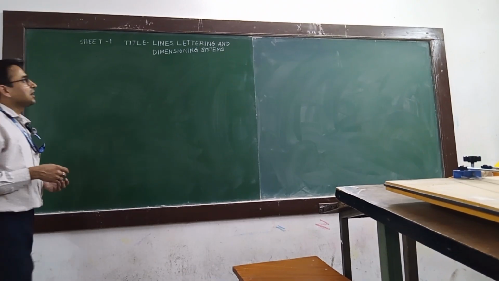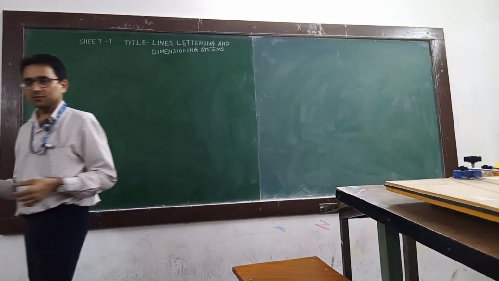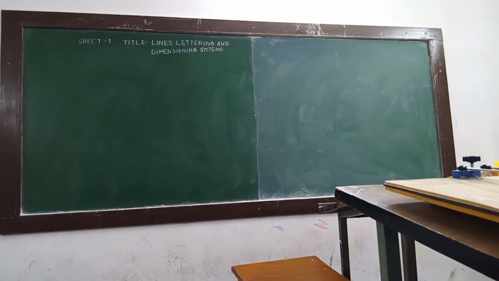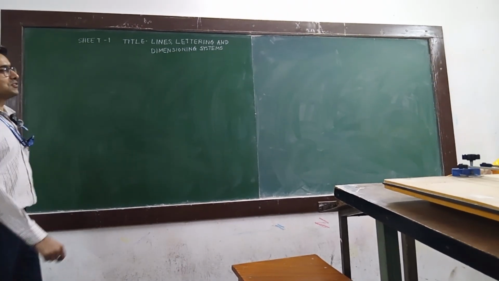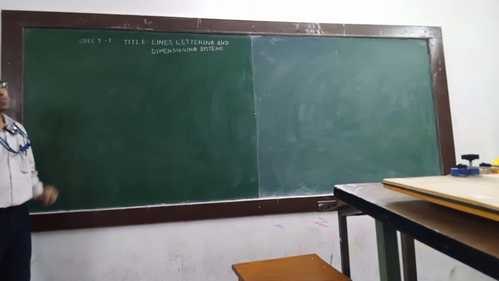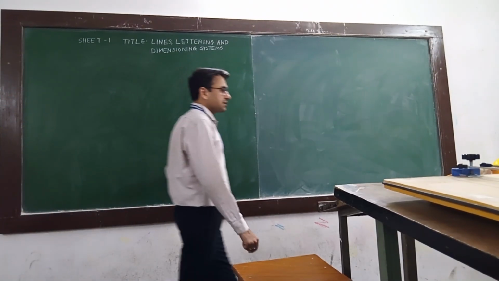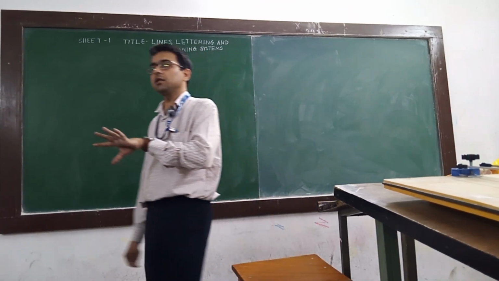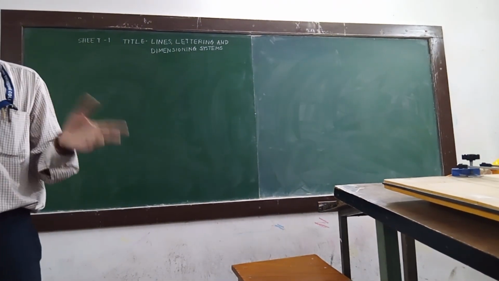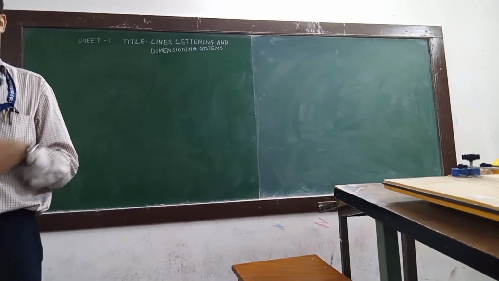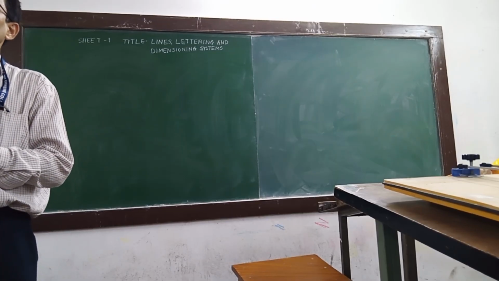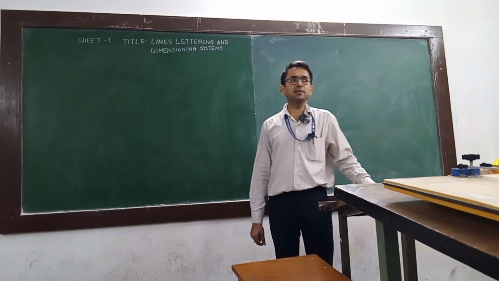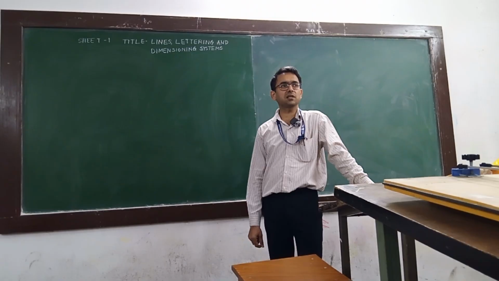Therefore this mode of communication, like any other communication, has some grammar and some vocabulary. So it's a language. The grammar and vocabulary involve the lines, letterings, and dimensioning style. These are basically the rules.